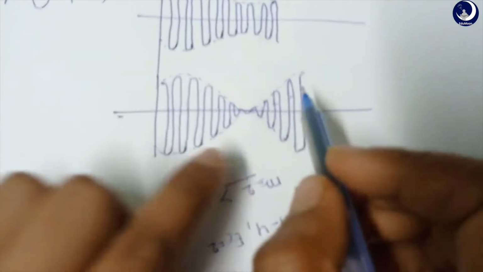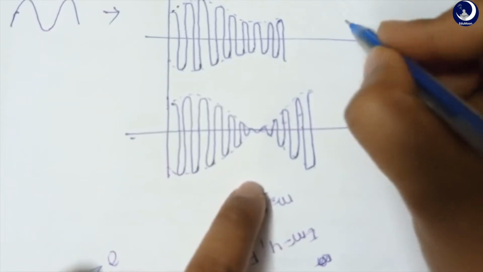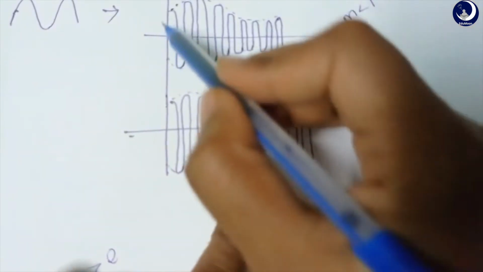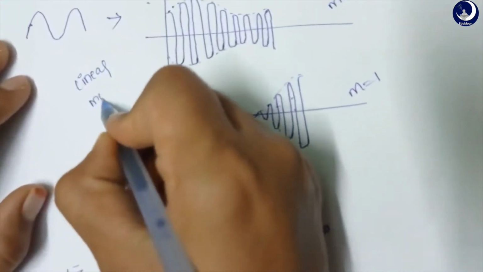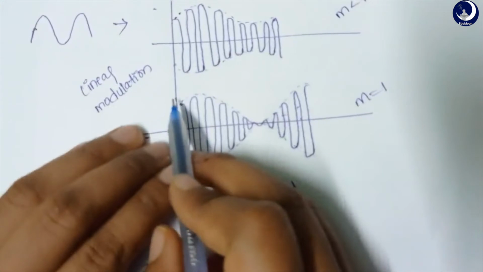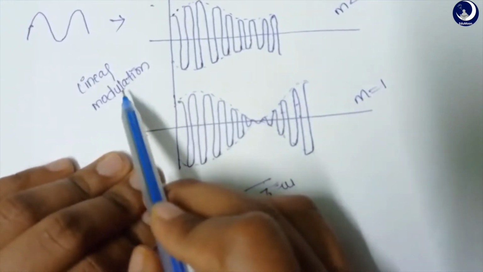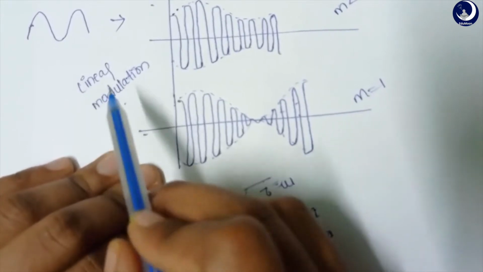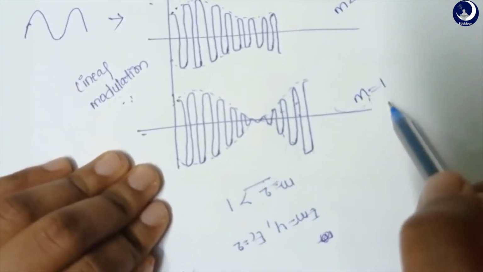See here, this is when m is equal to 1 and this is when m is less than 1. These two come under linear modulation. So as I said before, linear modulation is done when m is less than or equal to 1.